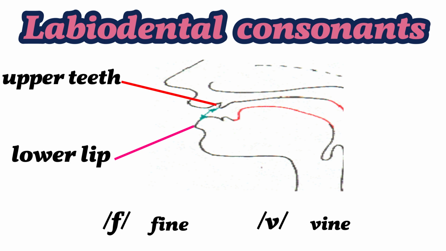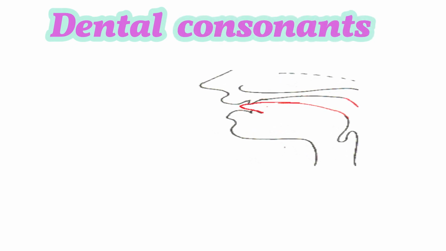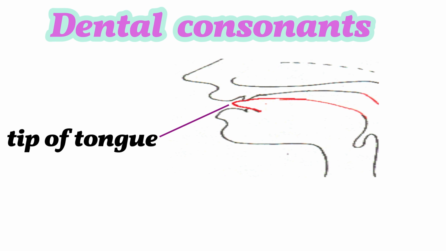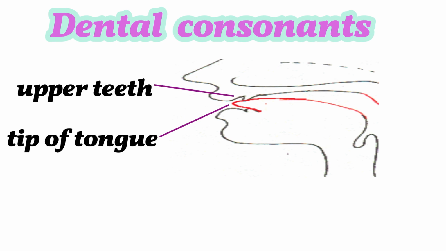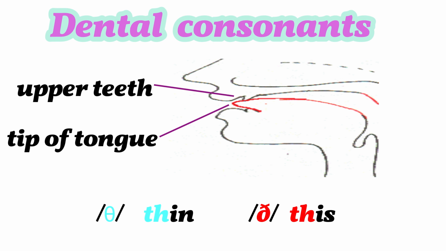So, labiodental consonants are produced when the lower lip comes close to the upper teeth, okay? Dental consonants. These ones are produced when the tip of the tongue touches the upper teeth, as in th, thin, and this.